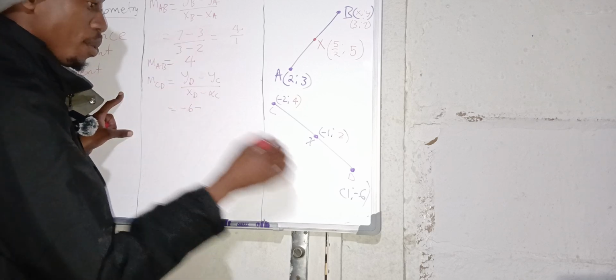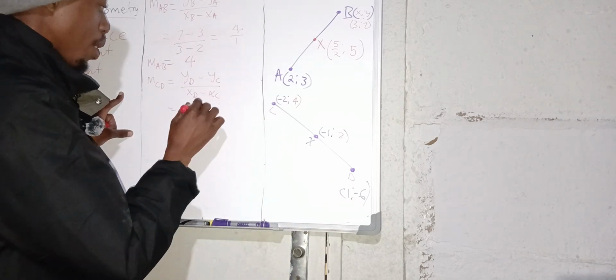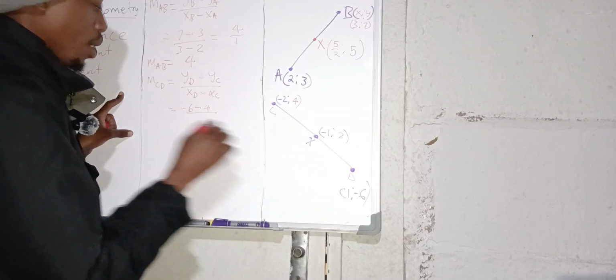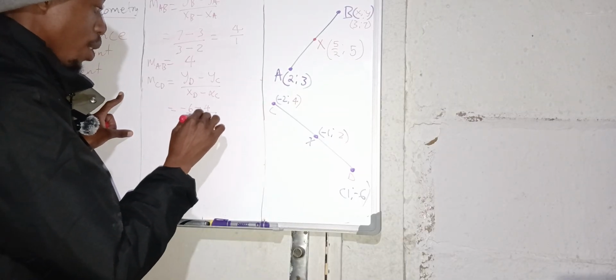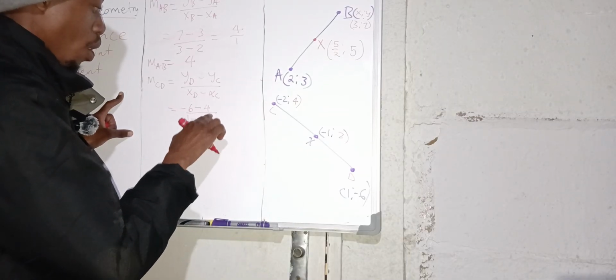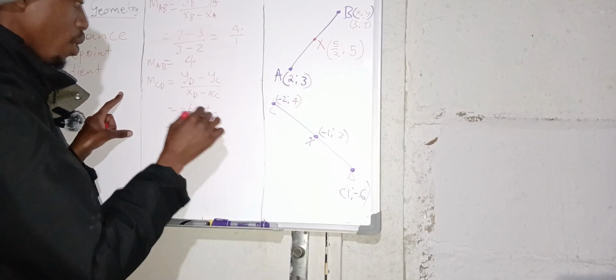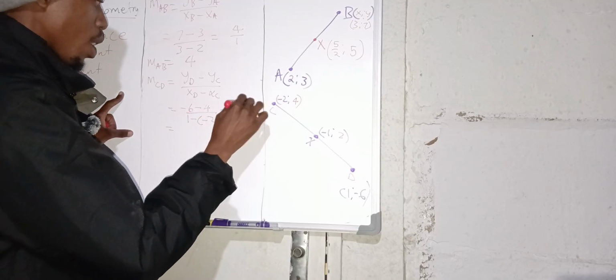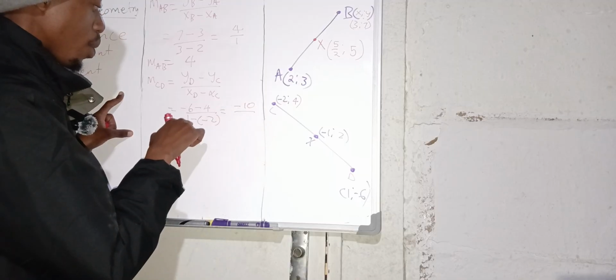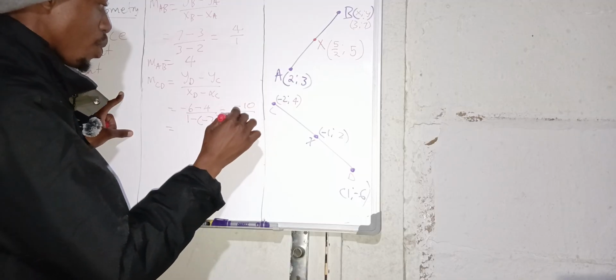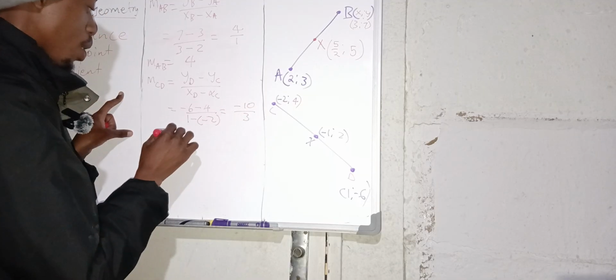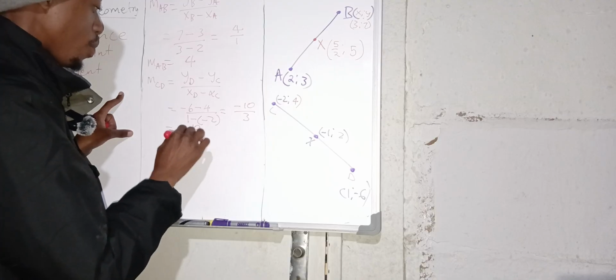That's fine. Let's do it. Minus 6 minus 4 all over 1 minus minus 2. So on top we'll have negative 10. In the denominator, minus minus gives us positive 3. So the gradient is going to be negative 10 all over 3.